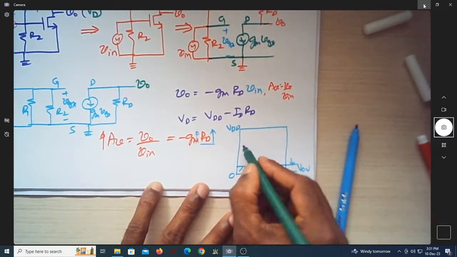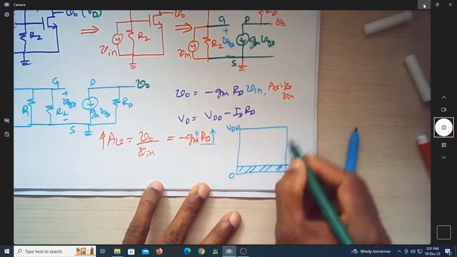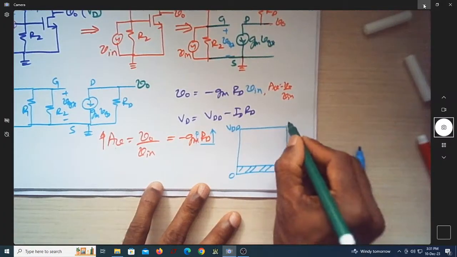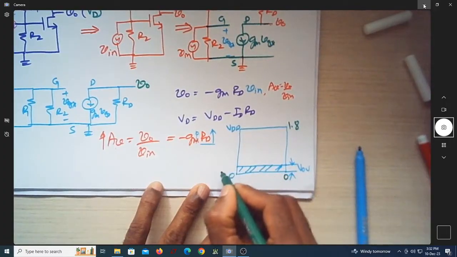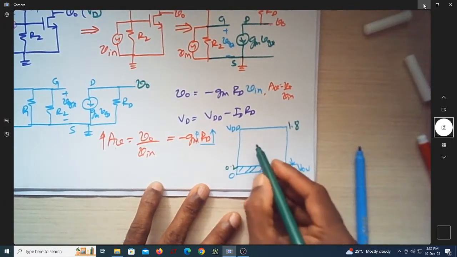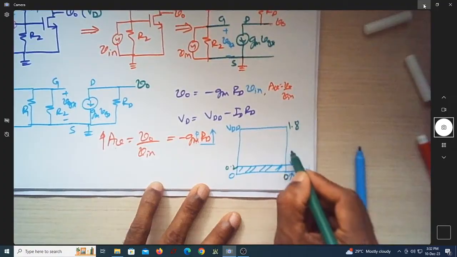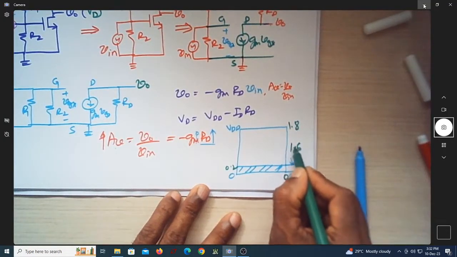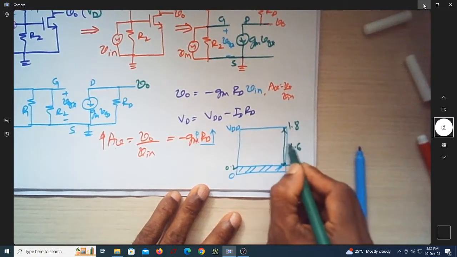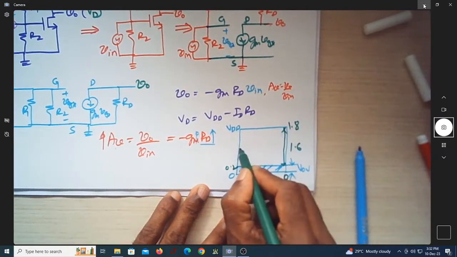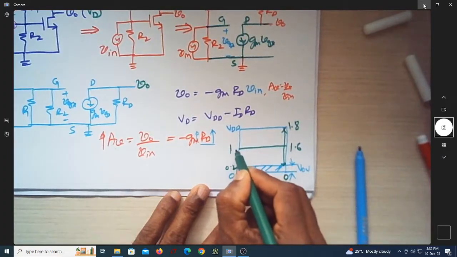Now suppose you assume that this is 0 volt and this is 1.8 volt, the ideal value will be somewhere here. Suppose you assume that this is around 0.2 volts. So how much is left out now? The left out voltage is 1.6. Half of 1.6 is 0.8. 0.8 from the top happens to be 1 volt.